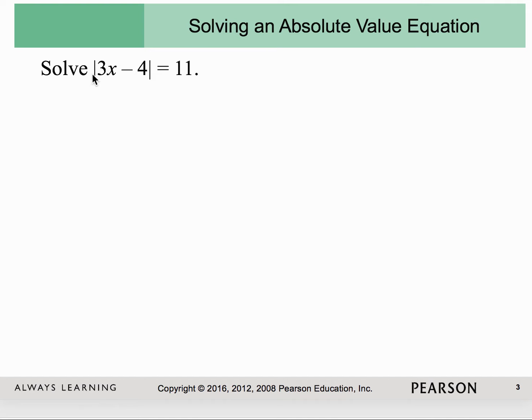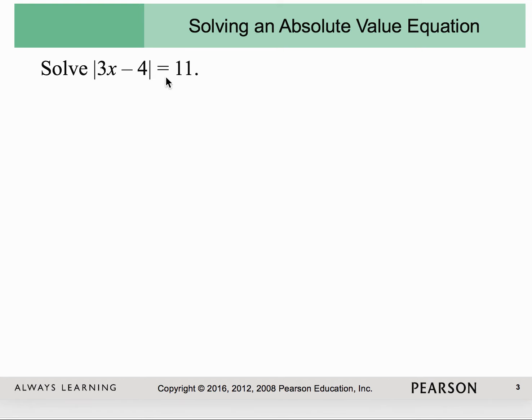Okay, first thing I have to notice is what kind of an equation do I have? Remember, that's our first step anytime. And if I have absolute value bars on an x, it's an absolute value equation. Not if I just have absolute value bars on a number. I just evaluate it and go on. But if the variable is inside absolute value bars, it's an absolute value equation.